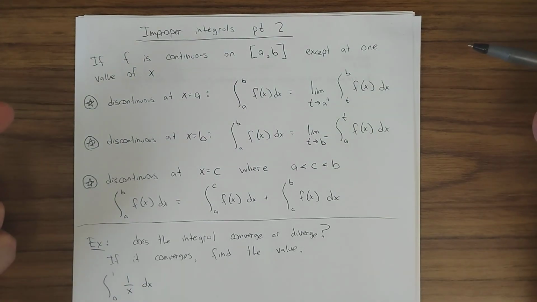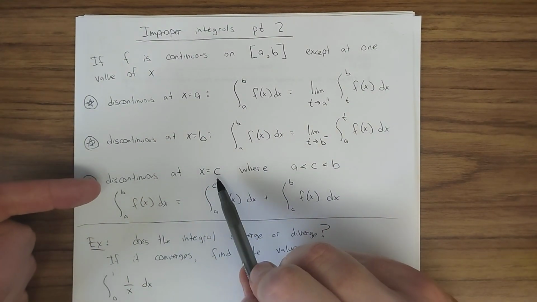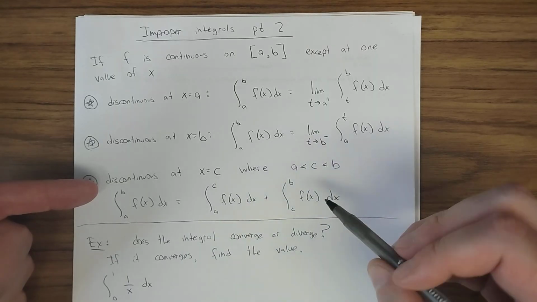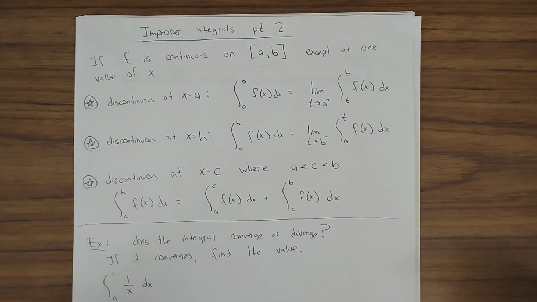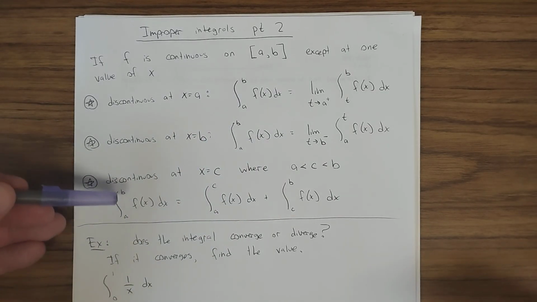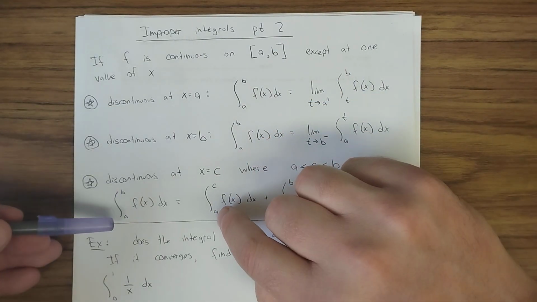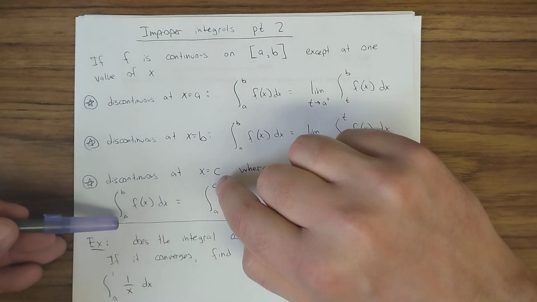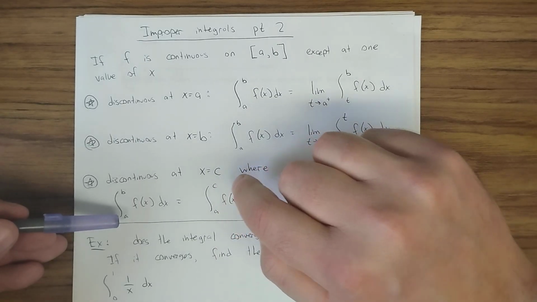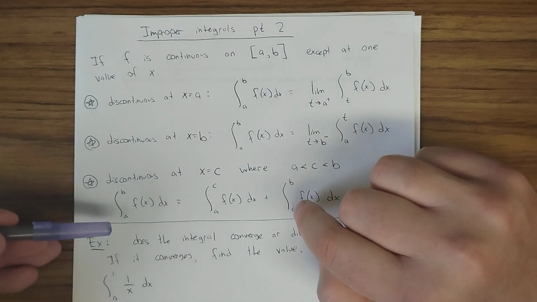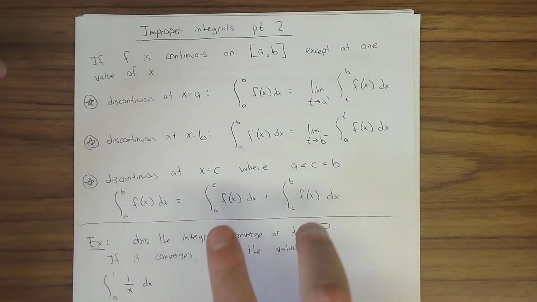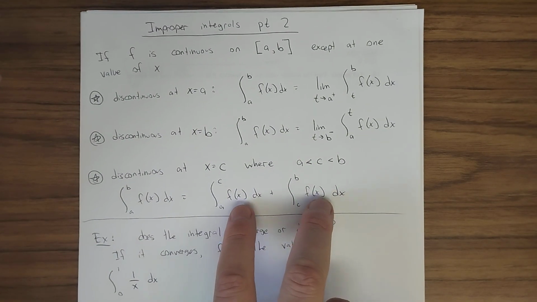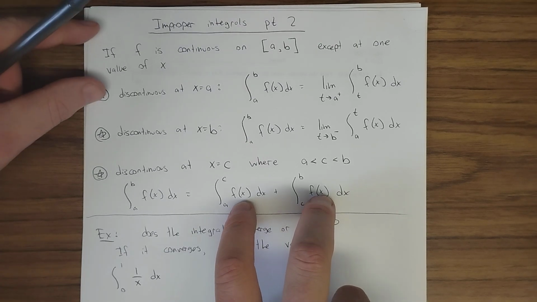It could also be somewhere in the middle. If it's discontinuous at some other value c that's strictly in between a and b, then I just break this integral up into two. I take this integral from a to b, and I break it into the part that goes from a and then stops at c, and then there's another part that picks up at c and goes all the way to b. And of course, these two are going to be improper integrals.